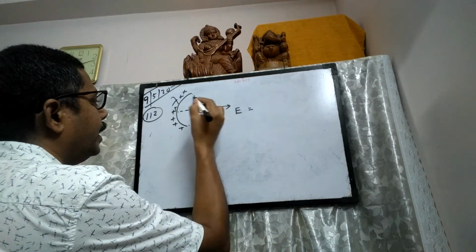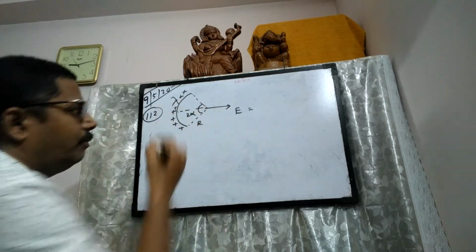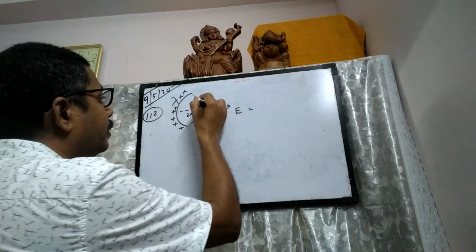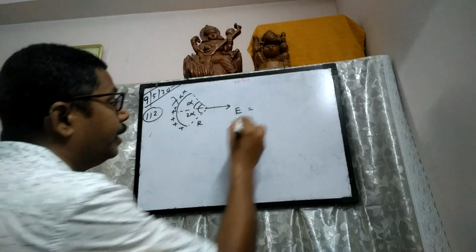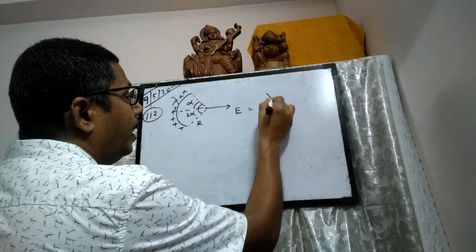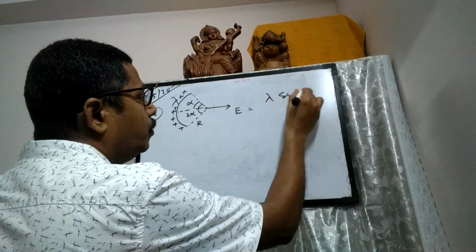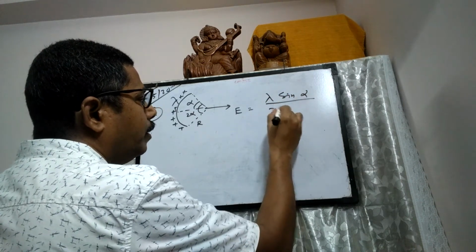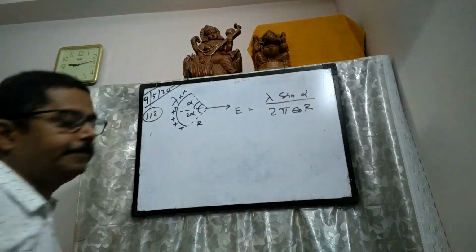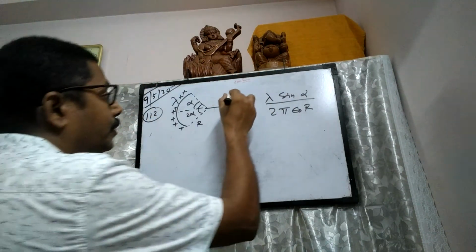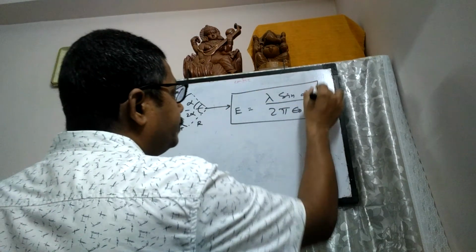If this total angle you take as 2 alpha, then this angle is alpha, okay? And E is equal to lambda into sine alpha by 2 pi epsilon naught r. Okay, so remember this formula.